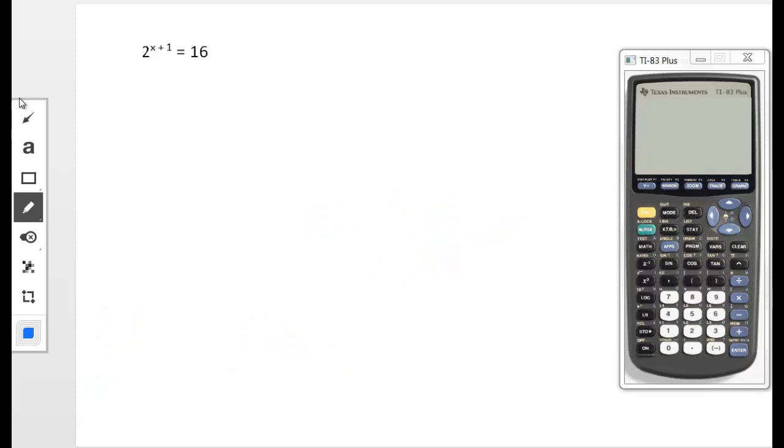In this next example, we have 2 to the x plus 1 is equal to 16. So how do we get the variable isolated if it is the power of 2? Well, we can take the log base 2 of 2 to the x plus 1, that will remove the 2 and give us just an x plus 1.